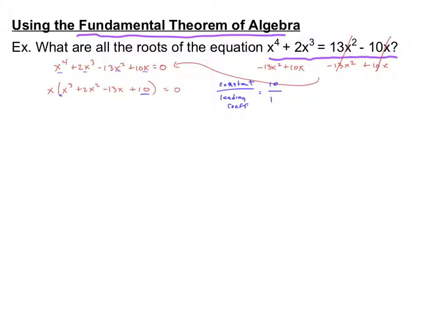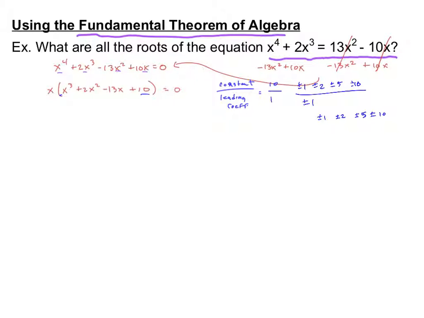The factors of 10 are plus or minus 10 over plus or minus 1. So the possible rational roots here are plus or minus 1, plus or minus 2, plus or minus 5, plus or minus 10.